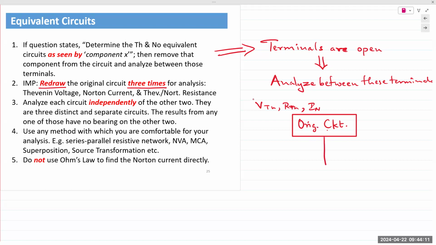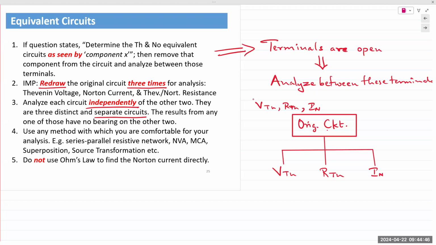You analyze it 3 separate times: once for VTH, once for RTH, and one more time for IN. All 3 circuits are independent of each other. They have no bearing whatsoever on the other 2.